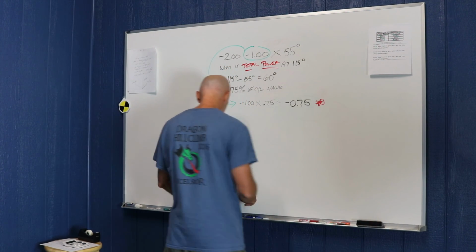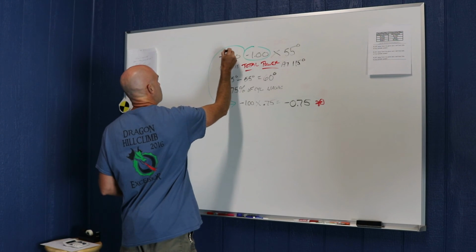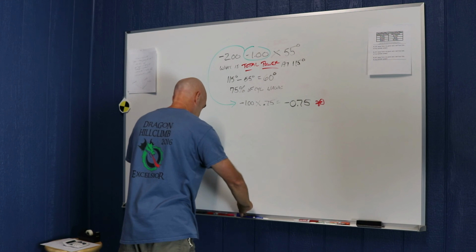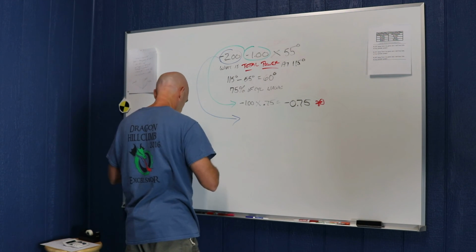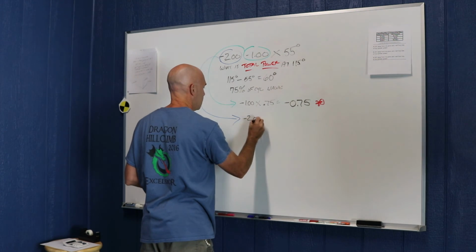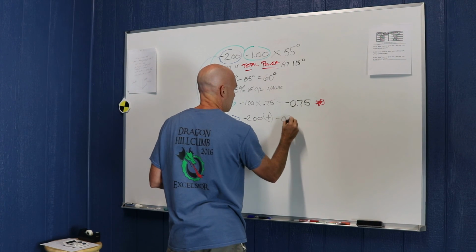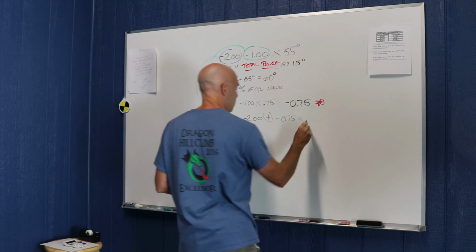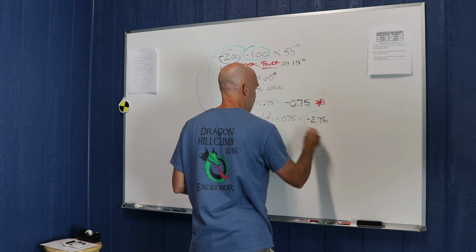Red flag item, not finished, because I want my total power. So now I have to take my sphere, let's highlight that. And we've got a minus 2 plus minus 0.75, total minus 2.75.